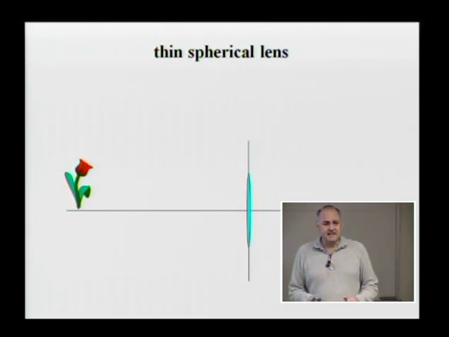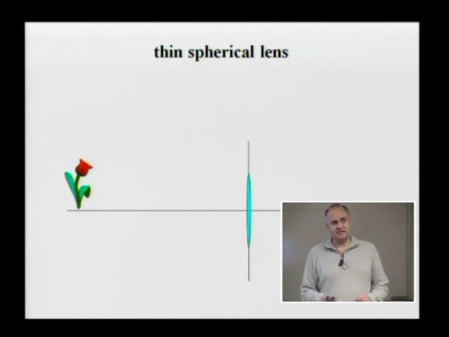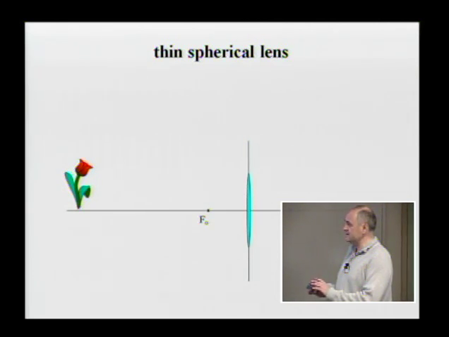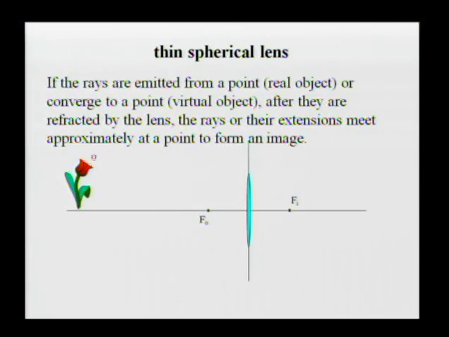In case of a lens, we can easily trace only three rays rather than four. And the three rays are, lens also has such a property that the rays which originate from a point will meet at a point after refraction.